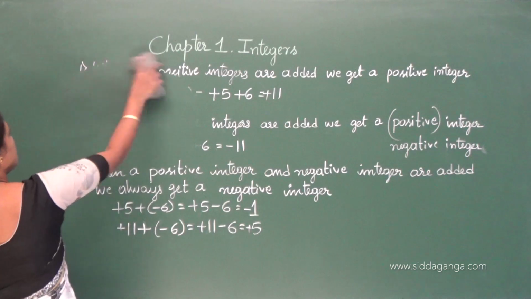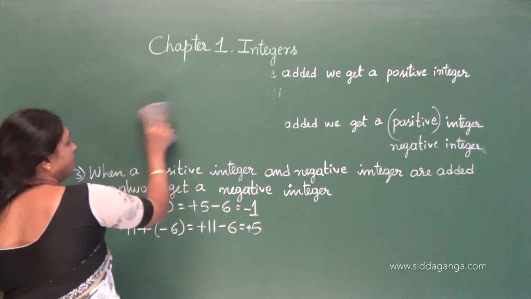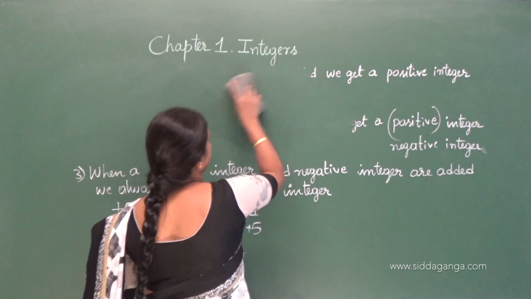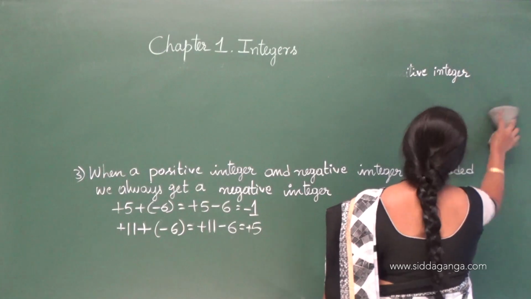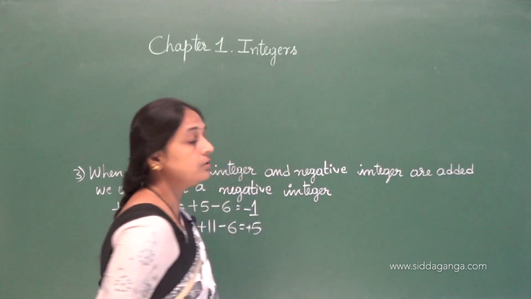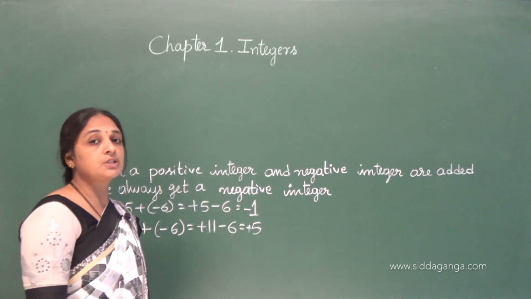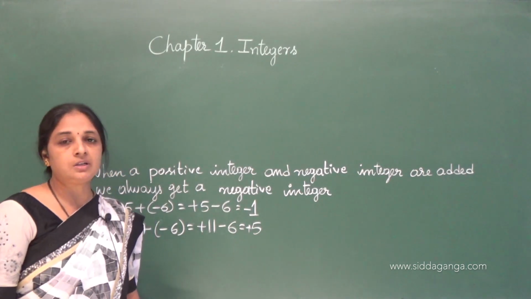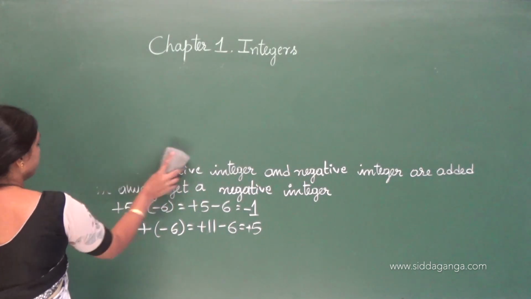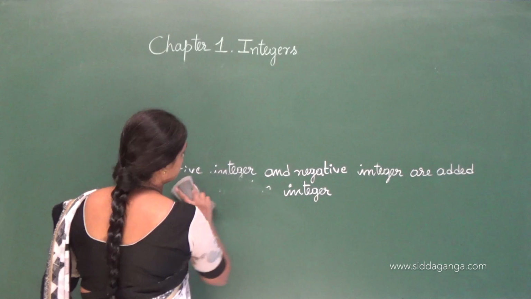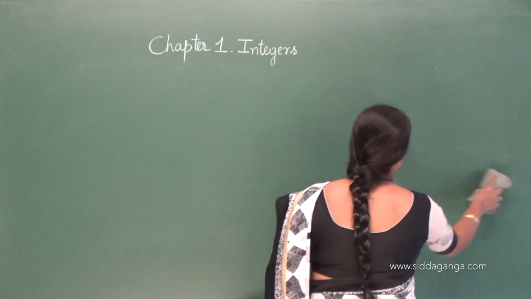Here it's very easy to understand integers by taking a number line. In the previous class we learned to add, subtract, and multiply with the number line. Addition, subtraction and multiplication of integers are very easy to understand by taking a number line. On the number line, in the middle we mark 0.